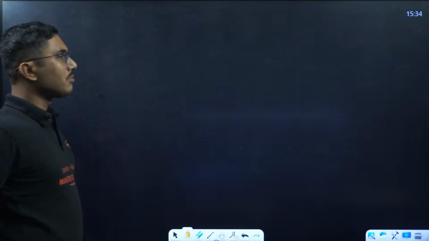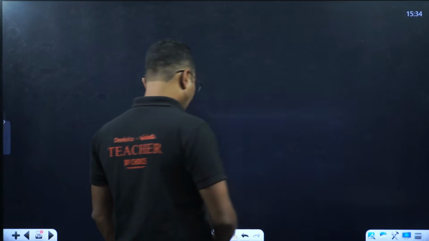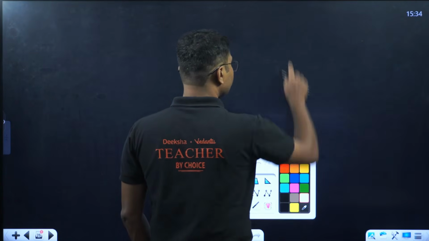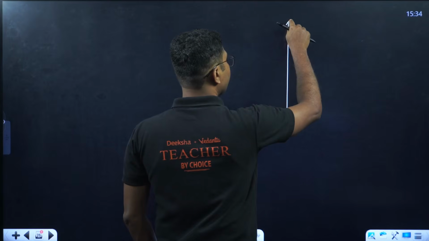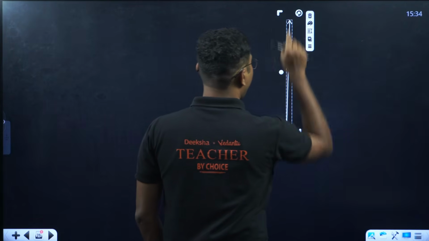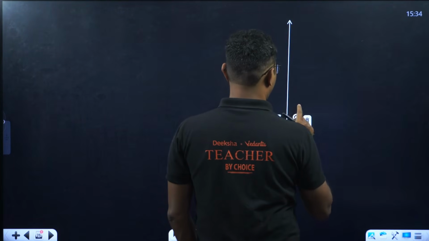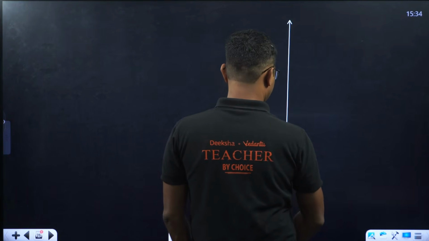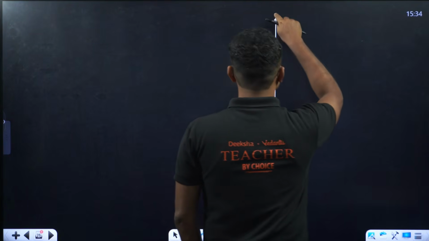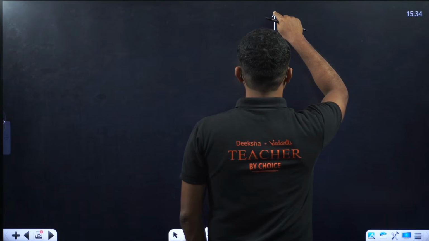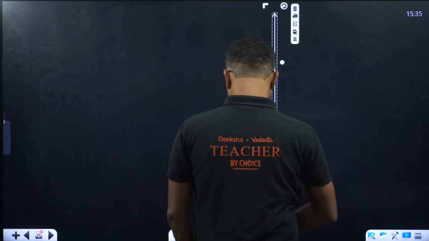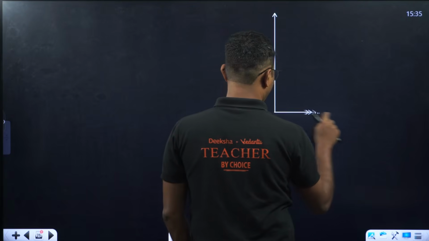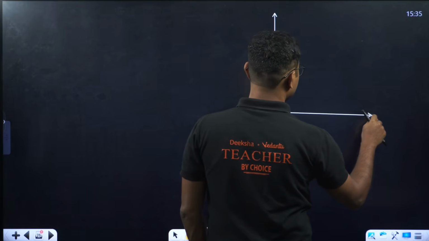Here we are talking about a two-dimensional motion, and let me draw the axes. So this is my y-axis, and this is my x-axis.